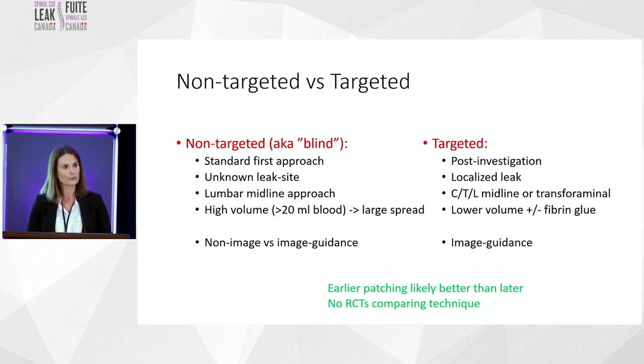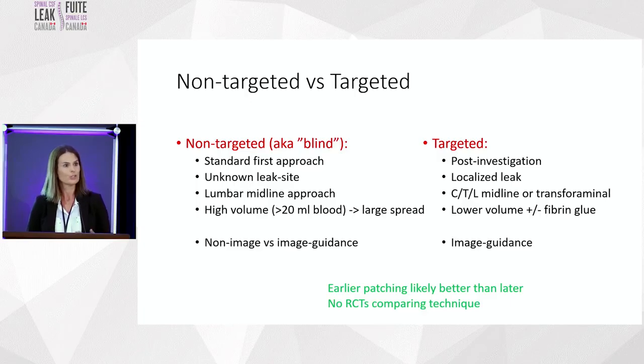Usually, the standard first approach of an epidural blood patch is non-targeted. Okay, what does that mean? The patient presents with a leak. We don't have any specific details yet of the level of the leak, but we do have confirmation that there is one, clinically or by having a slack on an MRI spine, for example.